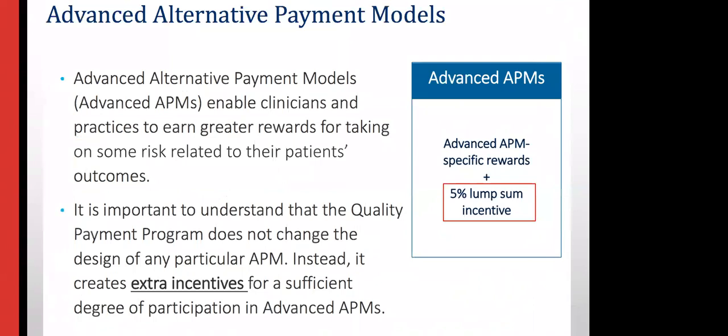Once you participate in an advanced alternative payment model, and it's either one that's established by CMS or one that you submit to CMMI and get approved through CMMI and then the secretary, you get an automatic 5% lump sum payment. That's in addition to anything else that you can get from a reward by performing well in that model. So it does provide extra incentives, and you have to participate to a sufficient degree in order to participate in those incentives.